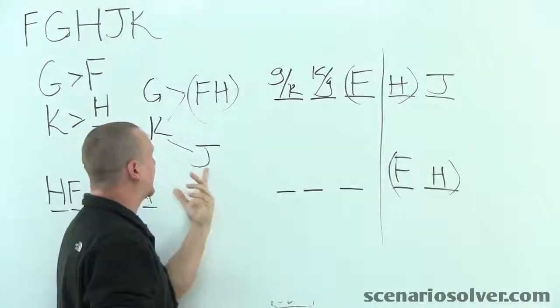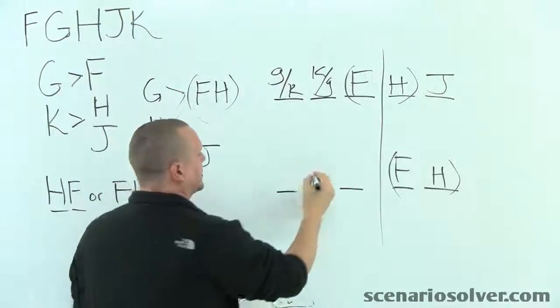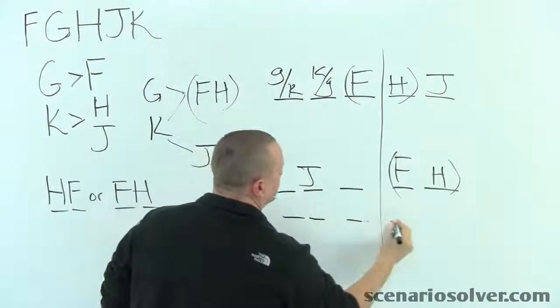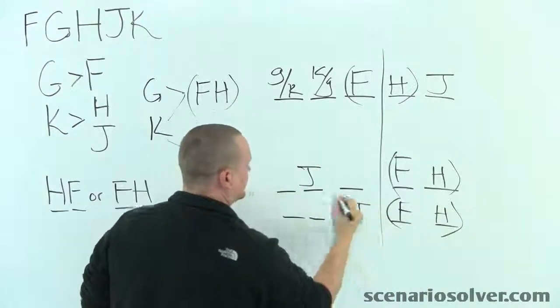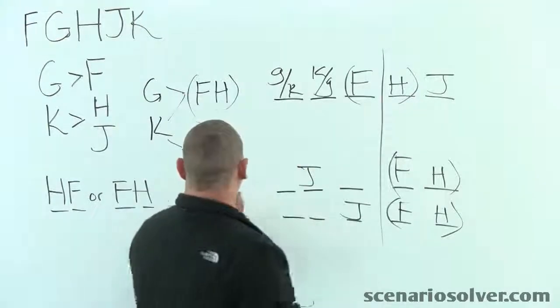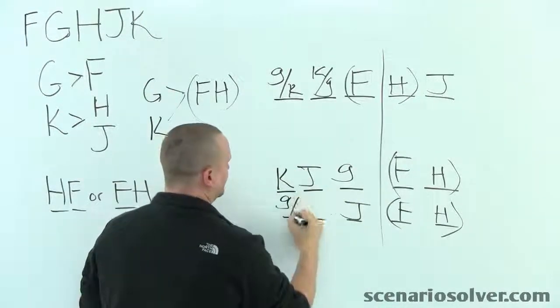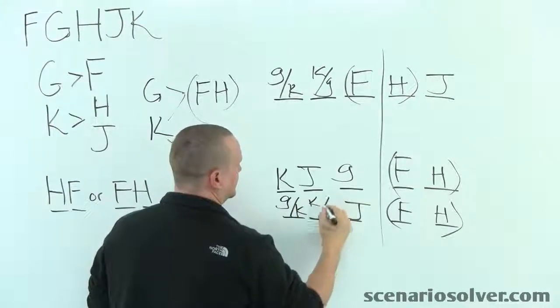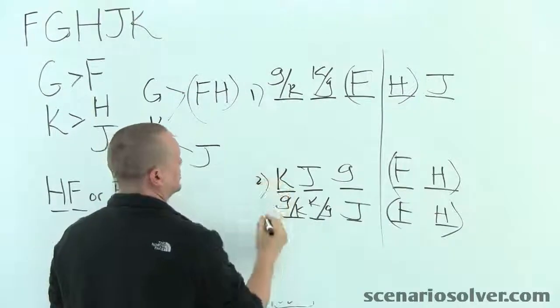Well, I know that J, for example, cannot go first because K has to go before it. So I could just say this. Okay, that's all that J can do. And then if I'm left with that, I know that it has to be this. And then again, we're back to this. Okay, and this game is wholly solved.